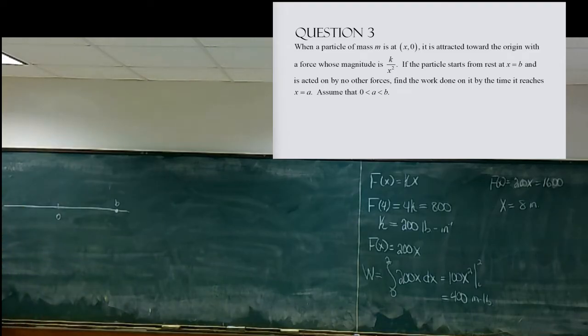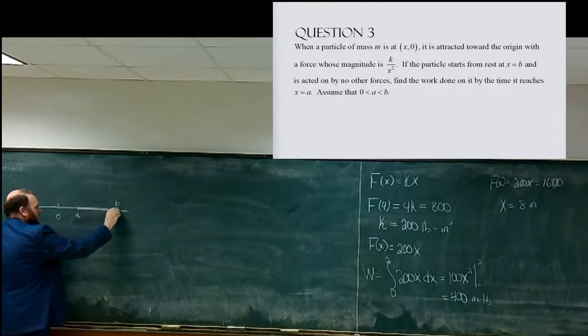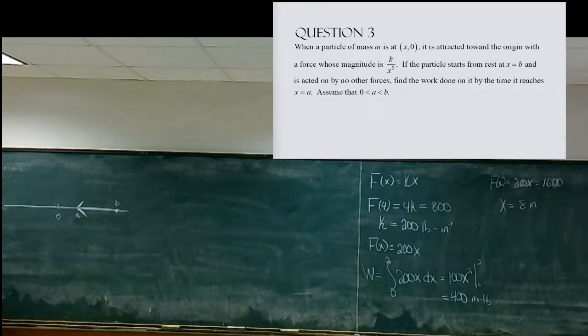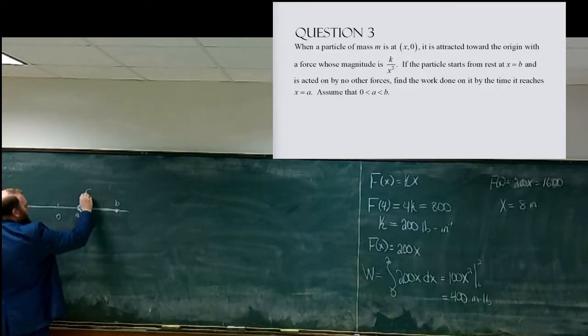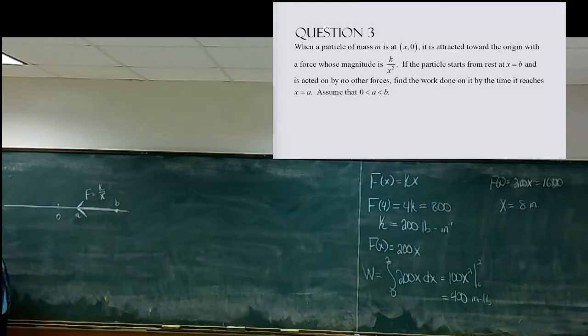So our particle's starting there. It's going to end here. And it's an attractive force towards the origin, towards 0, with a magnitude of k over x squared.